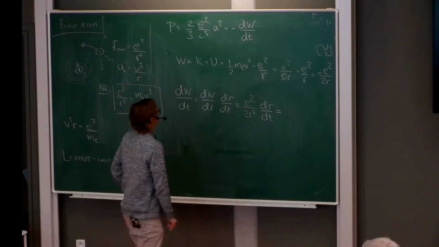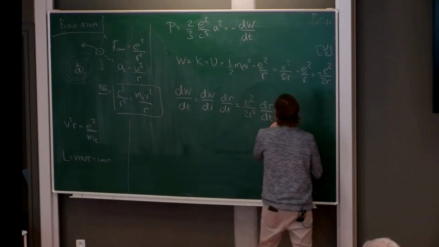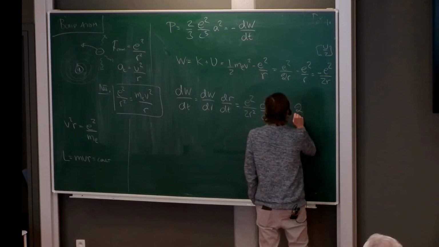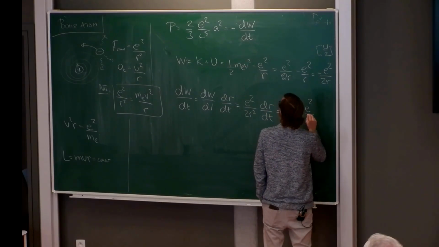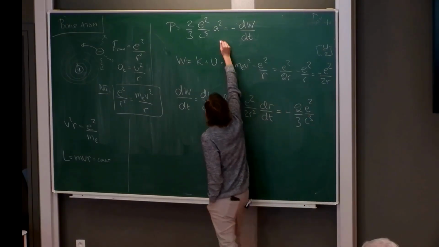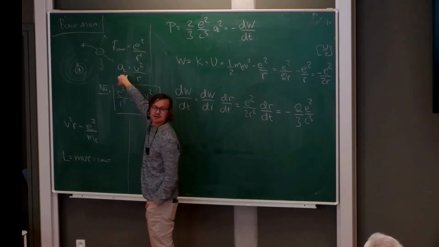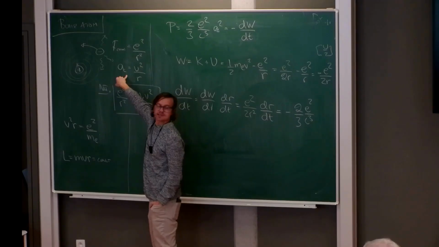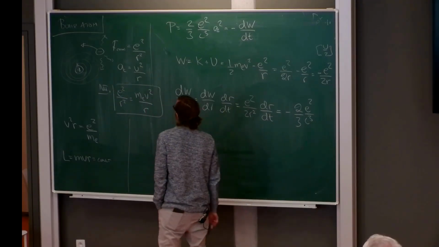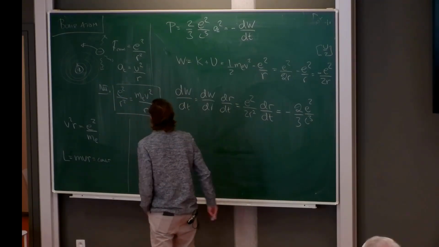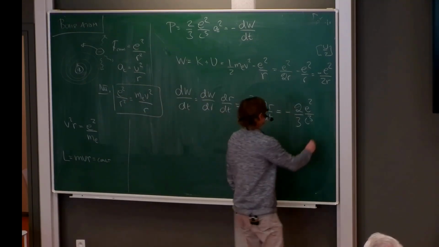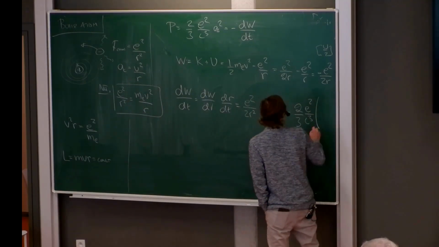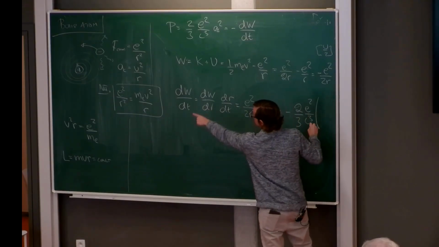And that is now going to be minus the Larmor formula, e squared over c cubed, and then for the acceleration, well, we have our centripetal acceleration there. So we could just replace our acceleration with this expression there. That would be then e squared.